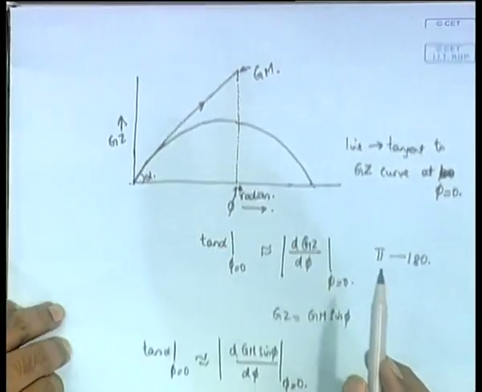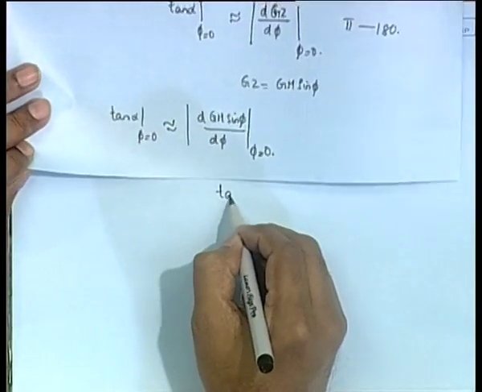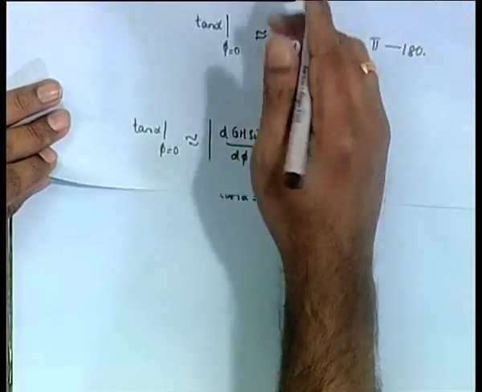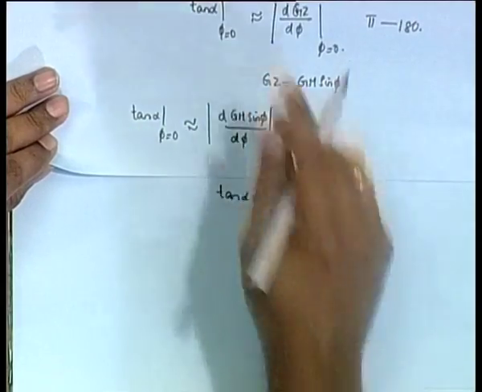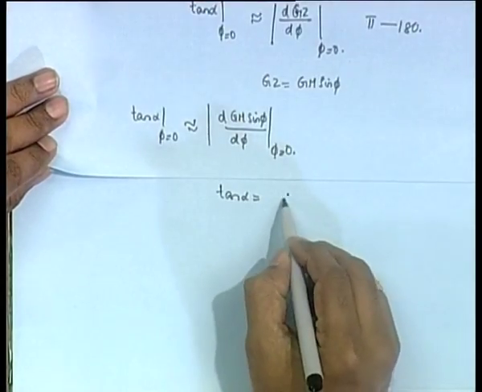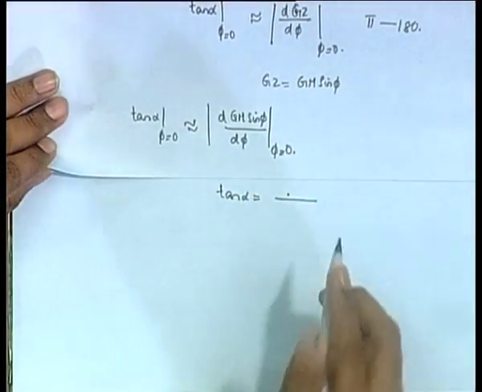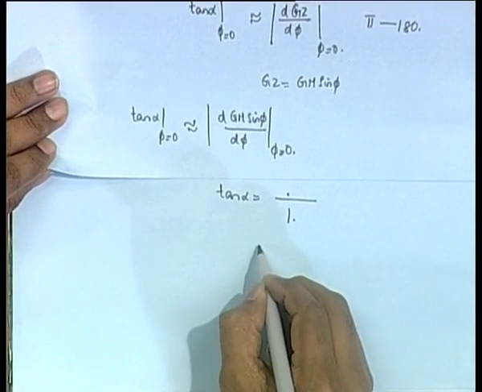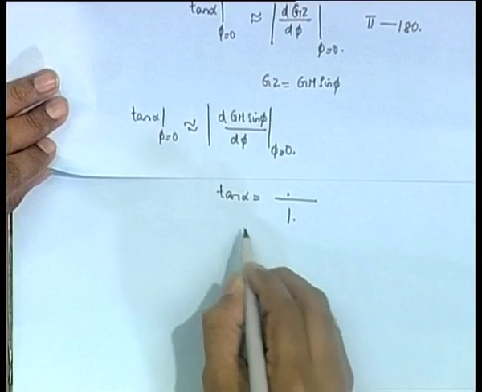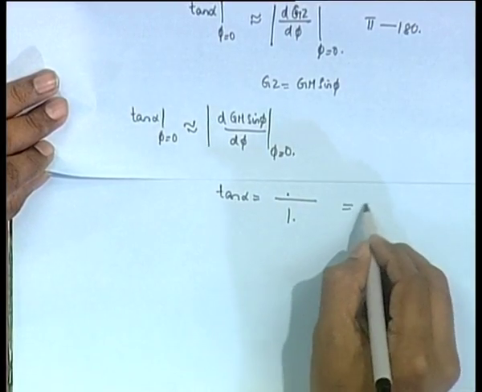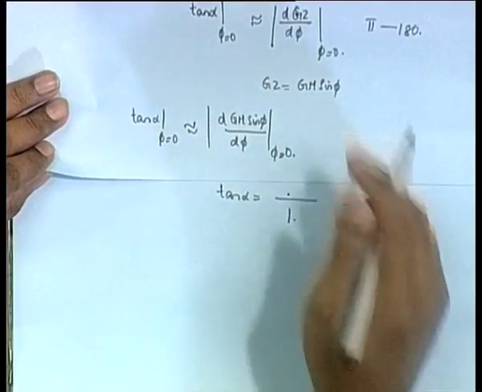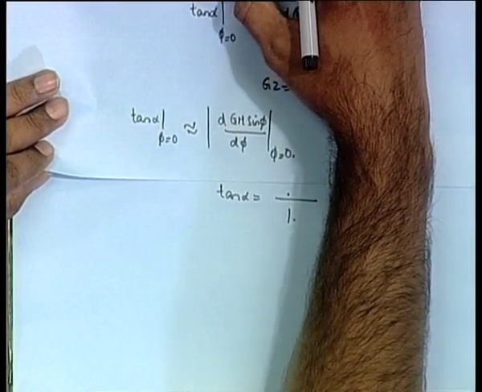So, what does tan alpha represent here in this figure? Tan alpha is equal to this distance, that is the y distance, divided by this distance, and that distance we have said to be 1 radian. So, it is 1. Therefore, this tan alpha is equal to gm. So, this height is equal to gm.